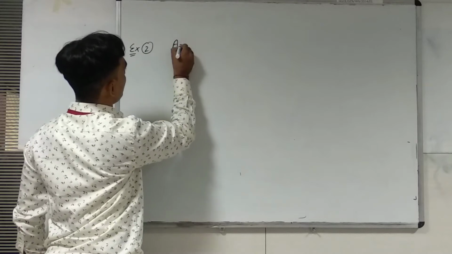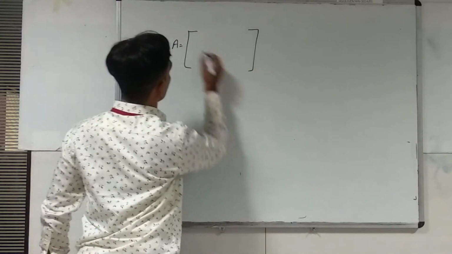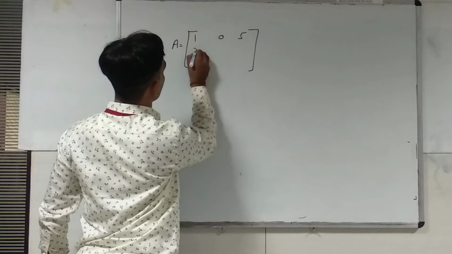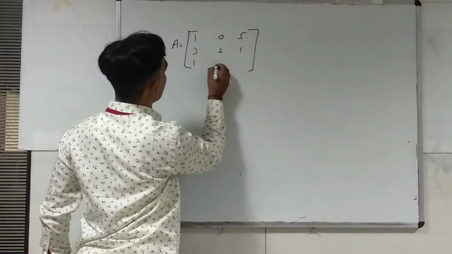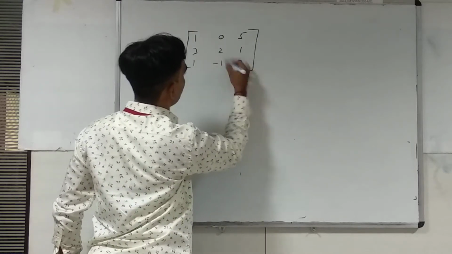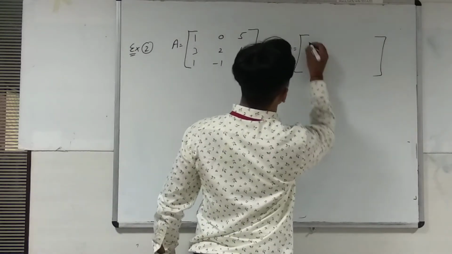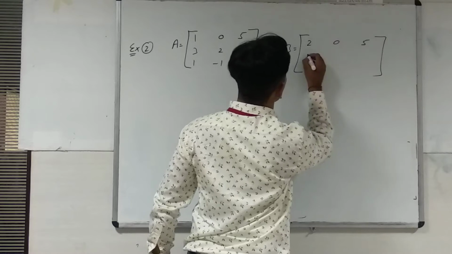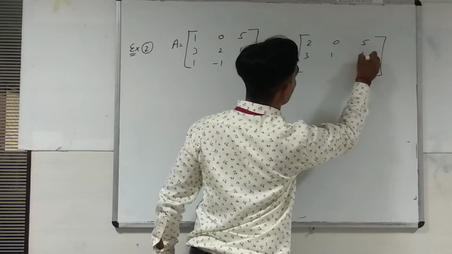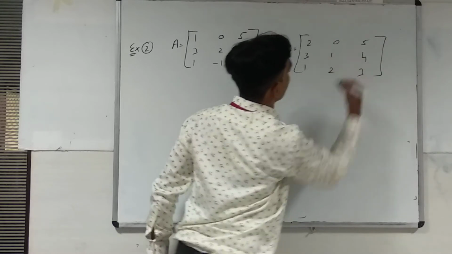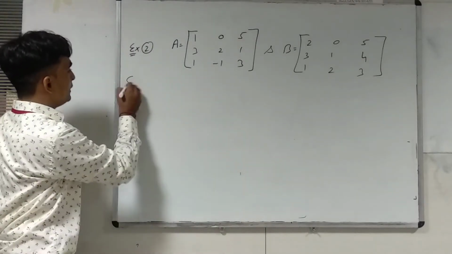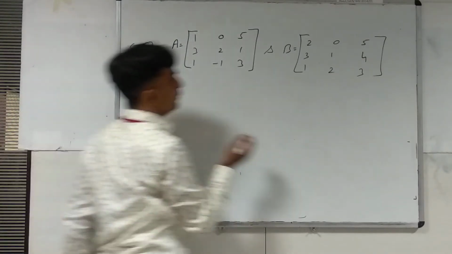Let's say A equals 1 0 5, 3 2 1, 1 minus 1 3. B equals 2 0 5, 3 1 4, 1 2 3. Then what do we have to find?